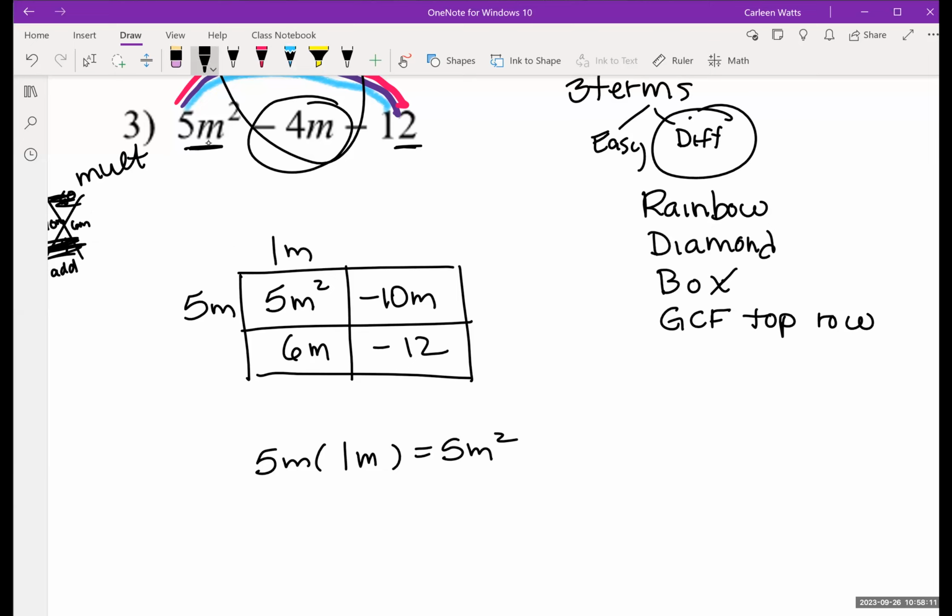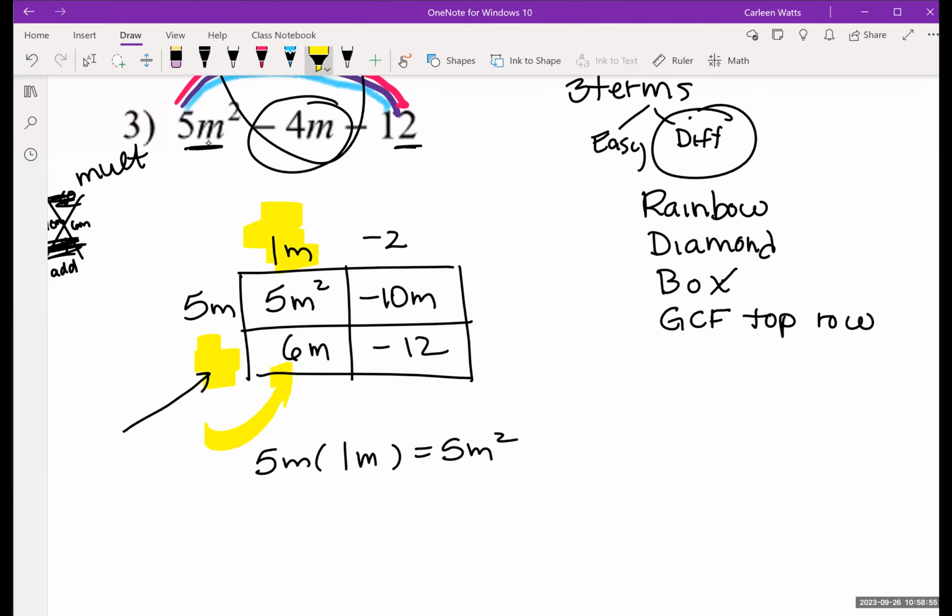5m times, well, I didn't mean that one. I meant like here. 5m times what is negative 10m? I have enough m's. All I need is, Zoomers, ding, ding, ding, negative 2. Yeah, better. Okay, how about this one? You could either look at the GCF of the bottom row or just go 1m times what gives me my 6m?